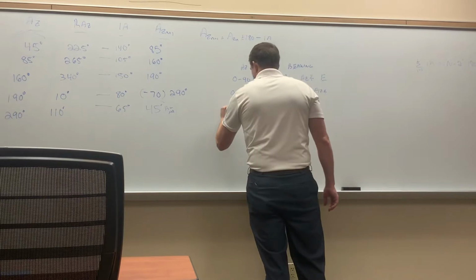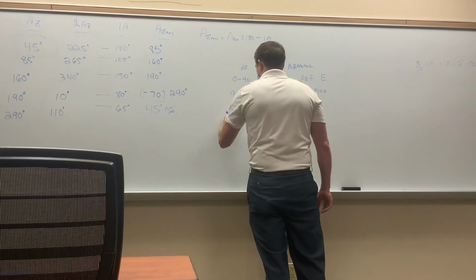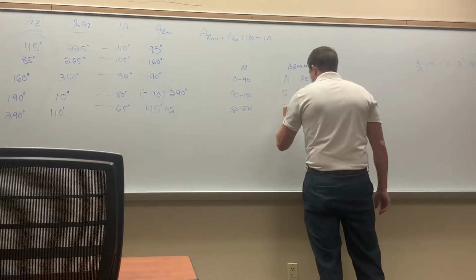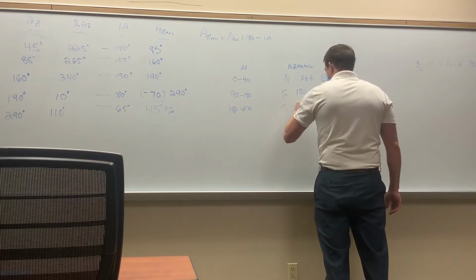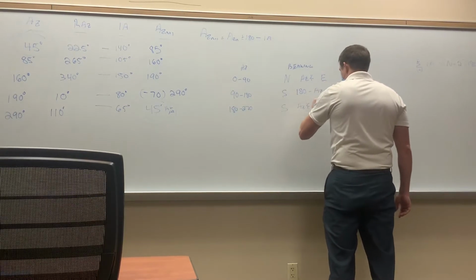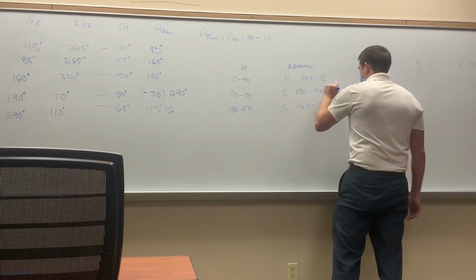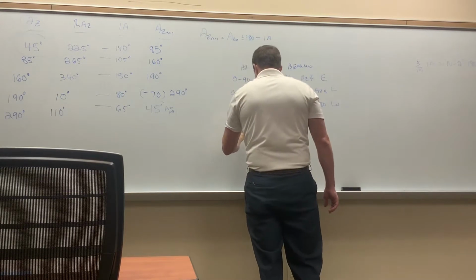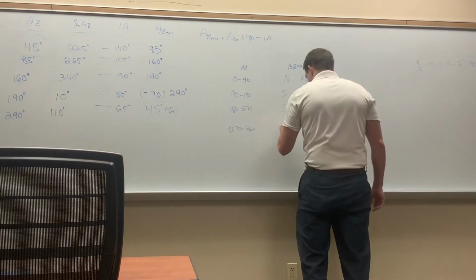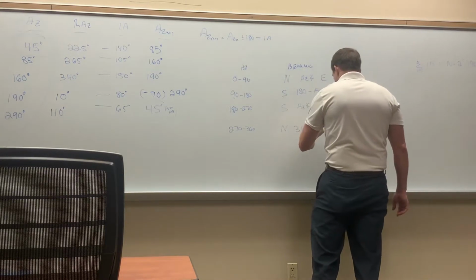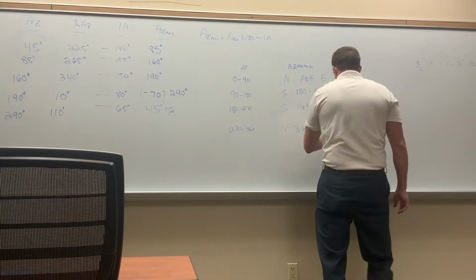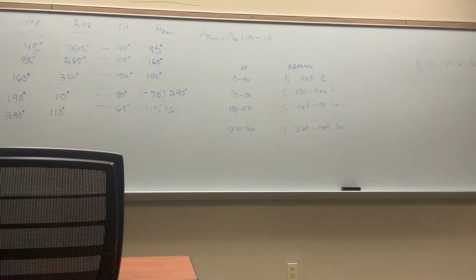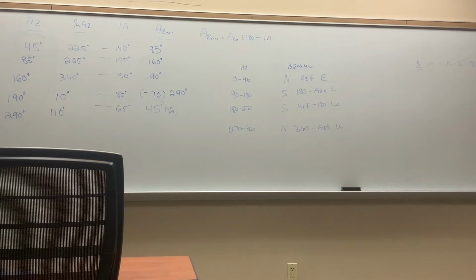Between 180 and 270 is south, azimuth angle minus 180, west. And between 270 and 360, it is north, 360 minus azimuth angle, west.